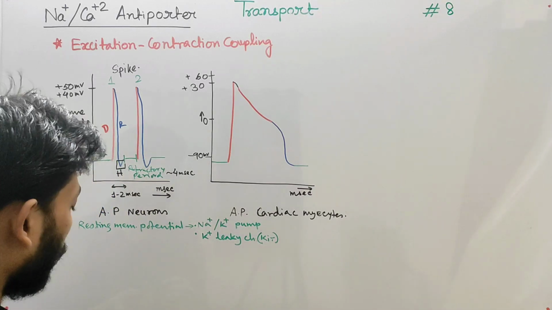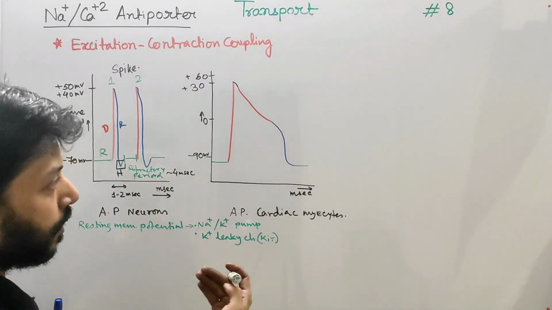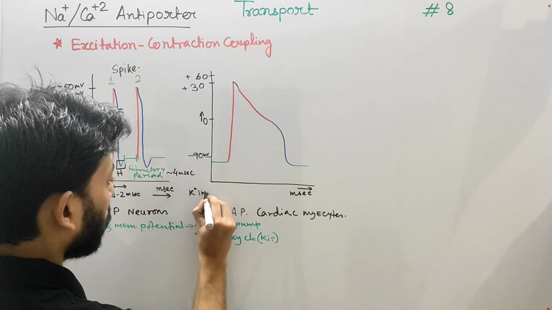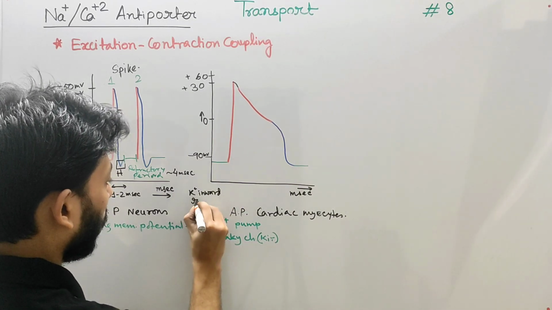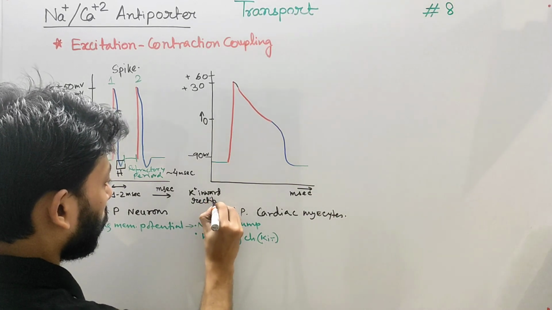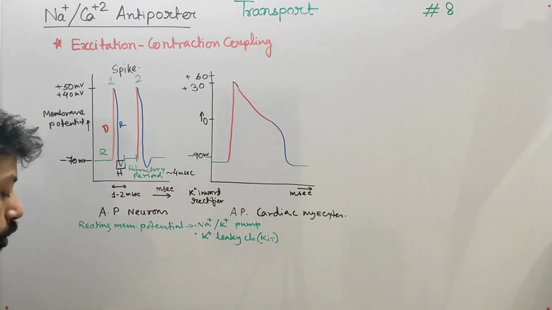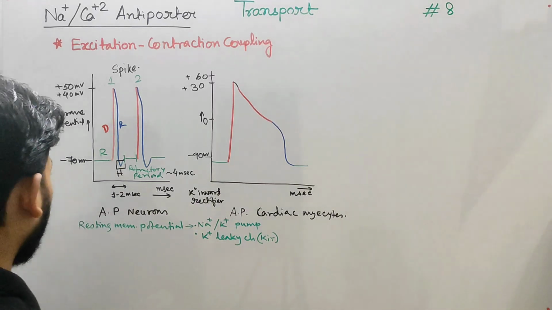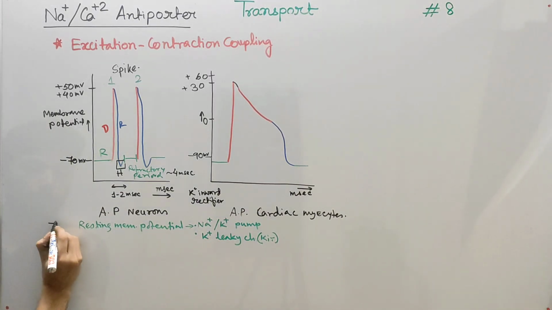I'm writing here potassium inward rectifier. These leaky channels are also called KIR channels. So these two transporter proteins establish the resting membrane potential of about minus 70 millivolt.